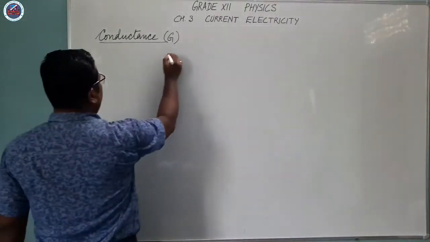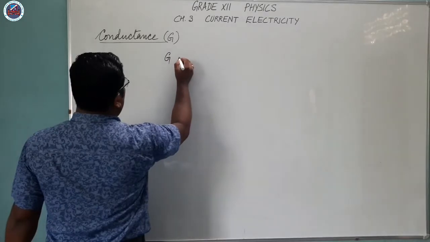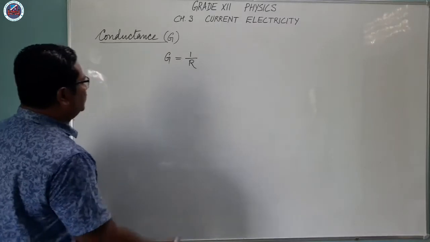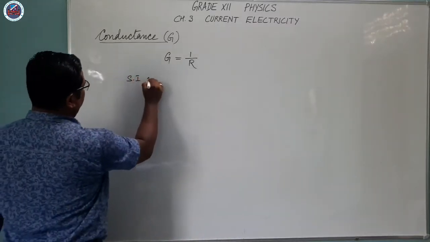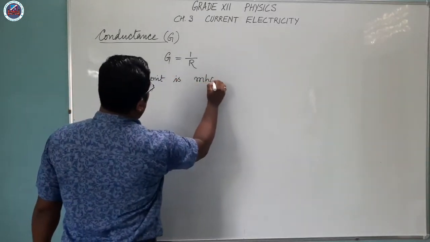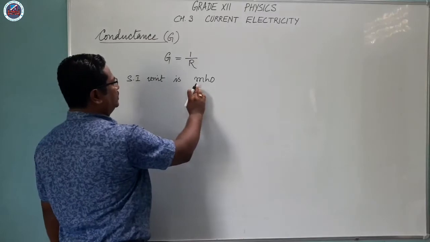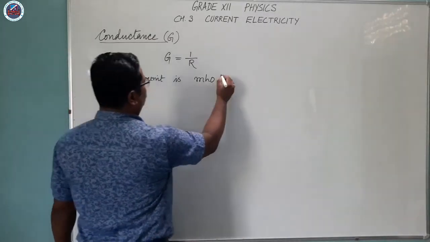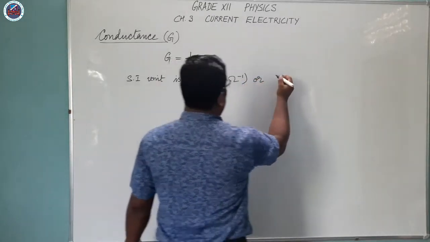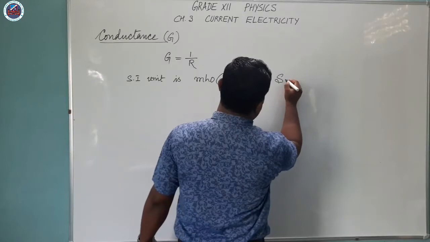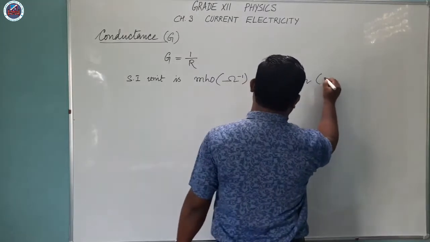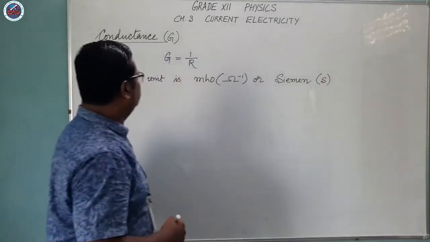It can be defined like this: conductance G is the reciprocal of resistance, 1 by R. Its SI unit is mho, the reverse of ohm for resistance. We write it as ohm to the power minus 1, or siemen. We write it as capital letter S as well.